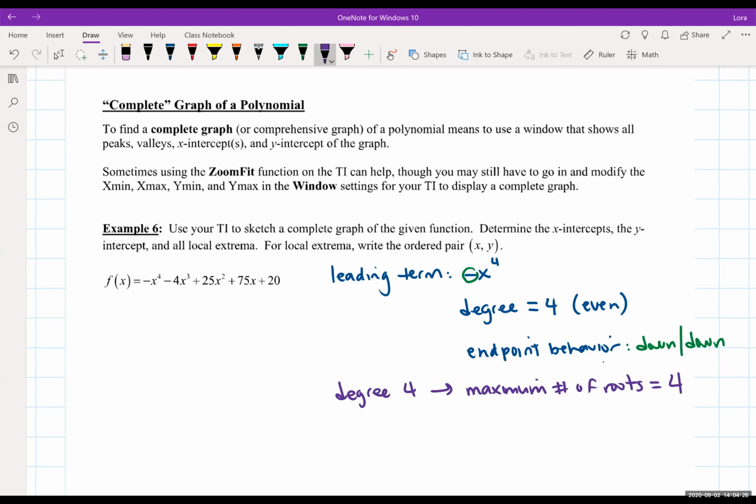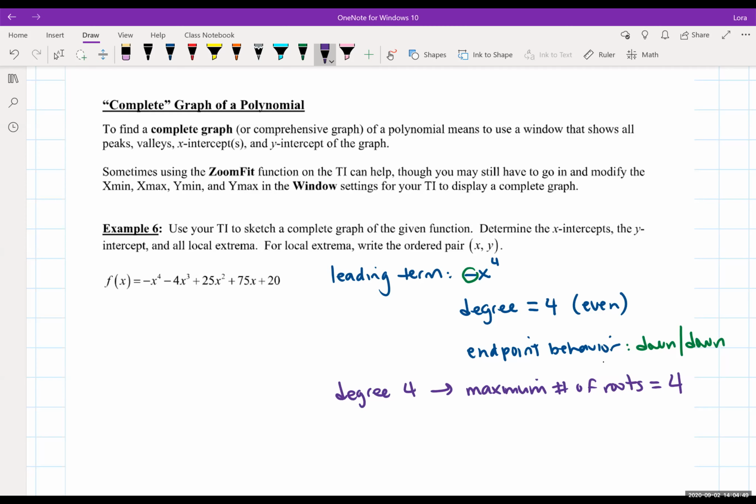So if we already see 4 roots in our viewing window, we don't have to widen it out with x-min or x-max anymore. But please keep in mind that you're not always going to see the 4 roots. It could be 4 roots, 3 roots, 2 roots, 1 root, or 0 roots. But the max you'll ever see is 4 depending on the degree.